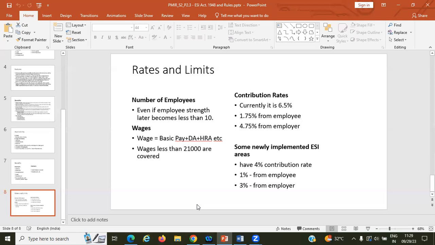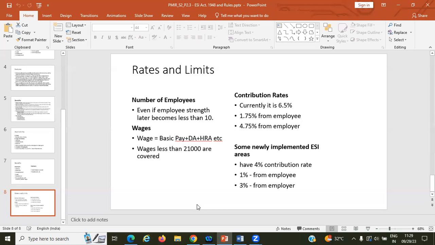And the wage is a minimum of 21,000. In case of disablement, that is 25,000. So that is the minimum wage required to avail the ESI facility.